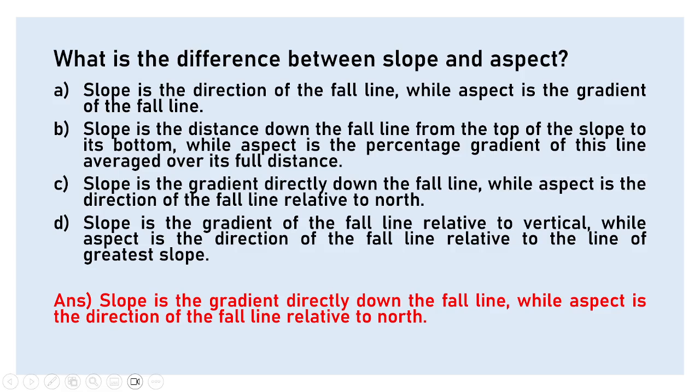So if you have some hill like this and you're discussing this, that is the slope. This is the slope relative to the fall line, and if for instance this is the north, then we are talking about aspect. Aspect is the direction of the fall line relative to north. This is not related to the topic that we discussed today, but I just kept it. That's it.